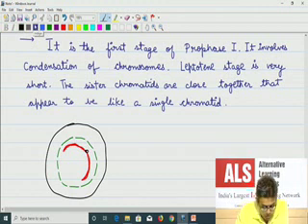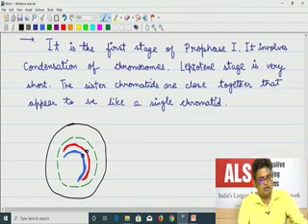So we will draw together 6 chromosomes. So let's take another one of blue color. Like this. So this will be the first homologous chromosome that we will discuss later.